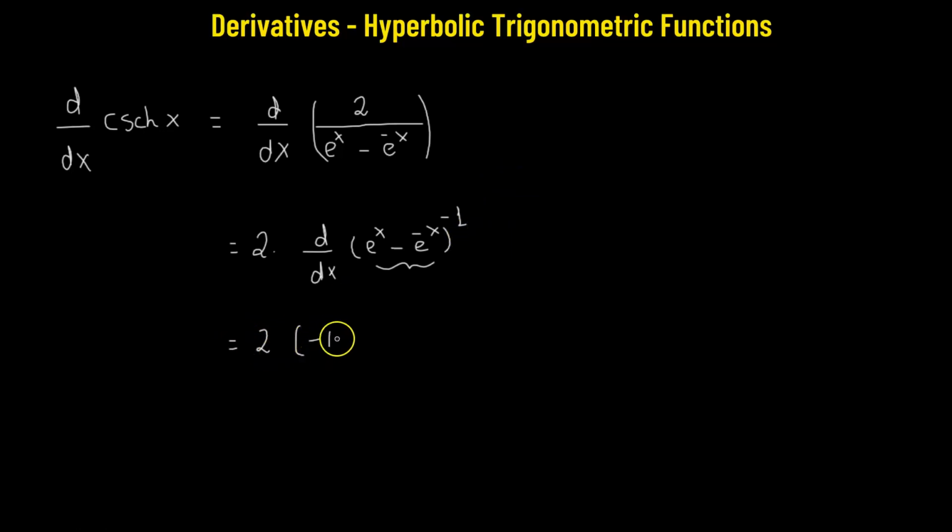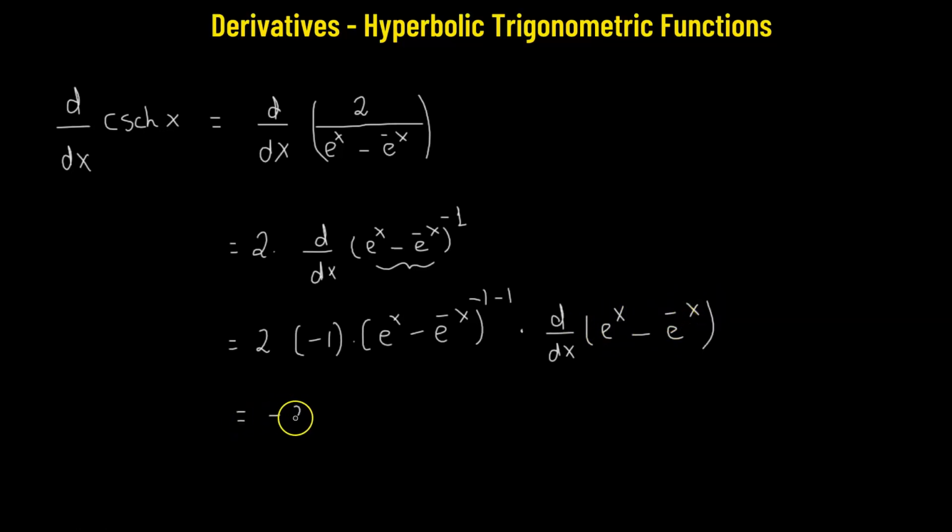We have negative 1 multiplied to e raised to the power of x minus e raised to the power of negative x, whole raised to the power of negative 1 minus 1, times the chain rule, the derivative with respect to x of our assumption, which is e raised to the power of x minus e raised to the power of negative x.